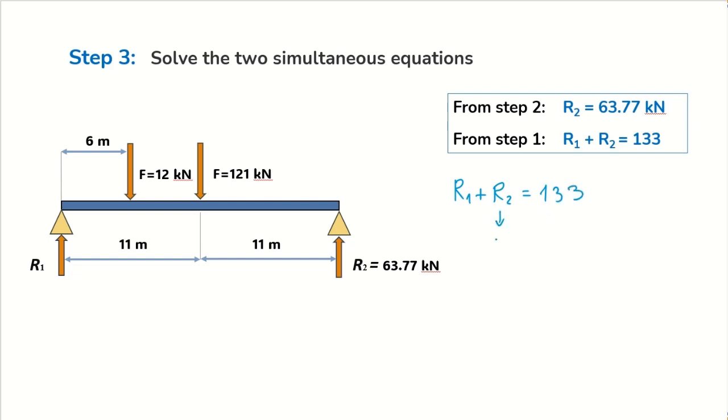R2 is 63.77. R1 plus 63.77 equal 133. I need to rearrange this equation. I'm going to subtract 63.77 on both parts of the equation.